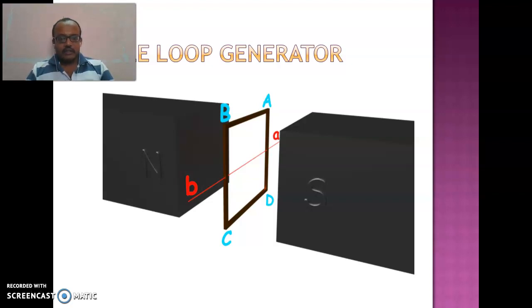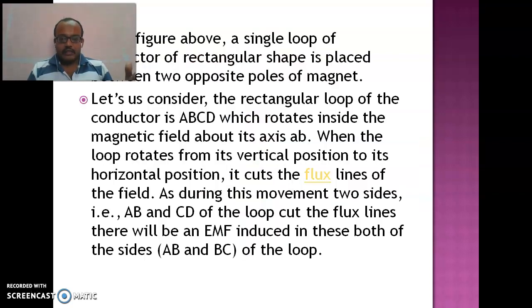First, the conductor is in a vertical position. Let us consider the rectangular loop ABCD rotating inside the magnetic field about its axis AB. When the loop rotates from its vertical position to its horizontal position, it cuts the flux lines of the field.